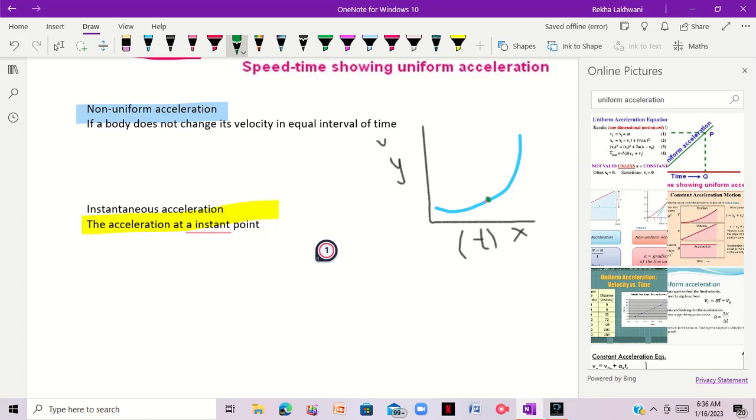So the formula for this is: instantaneous acceleration is equal to change in velocity per unit time, but the time approaches zero. So this is basically the formula for the instantaneous acceleration. Like time approaches zero, like at the instant point. So when we talk about any instant point, we say that the time approaches zero.